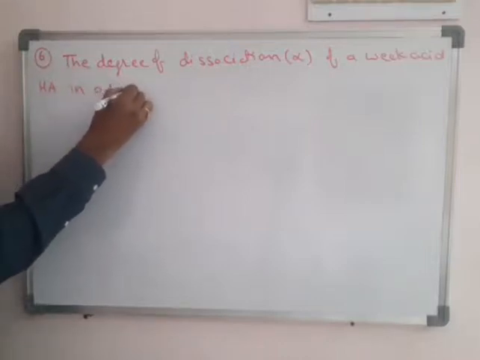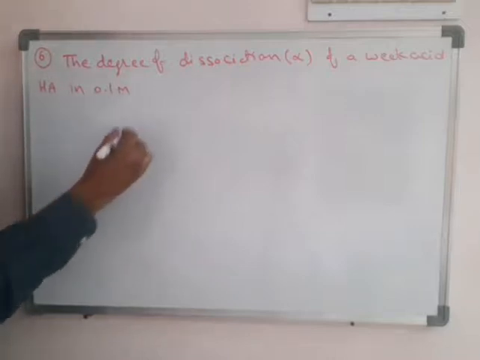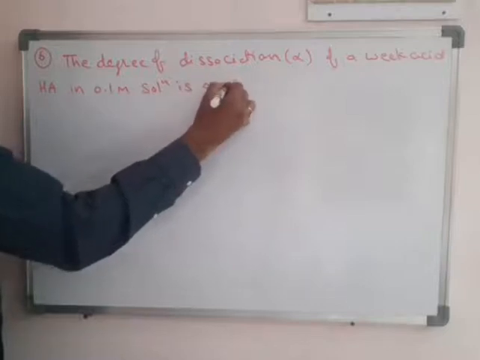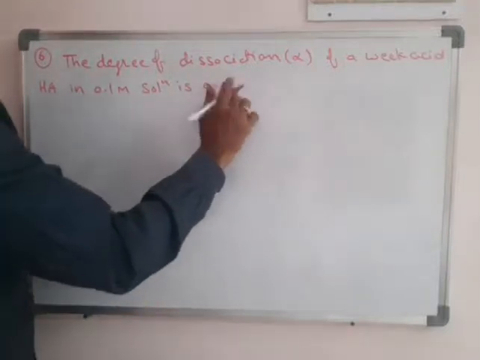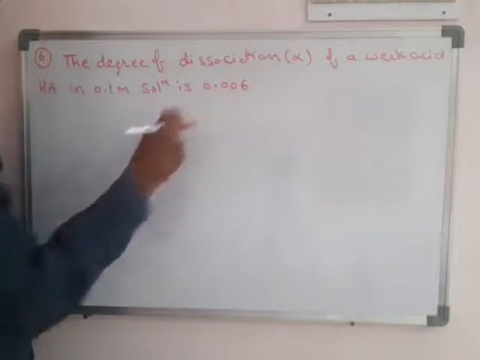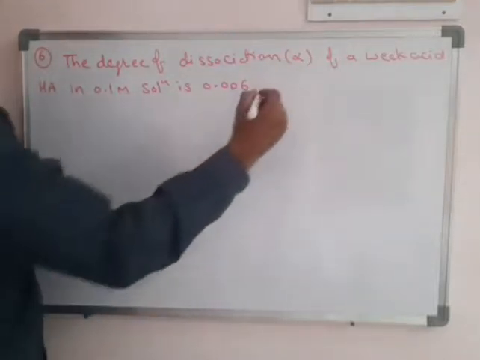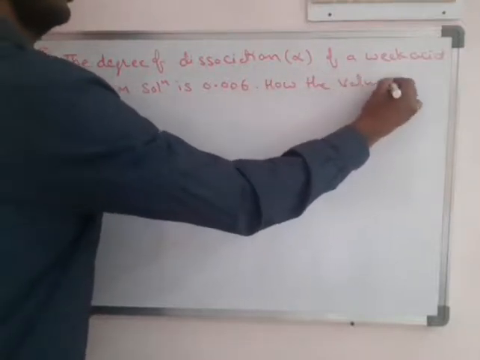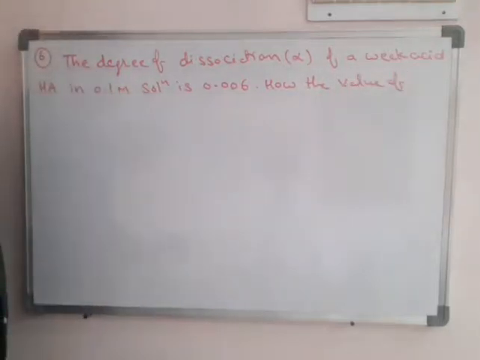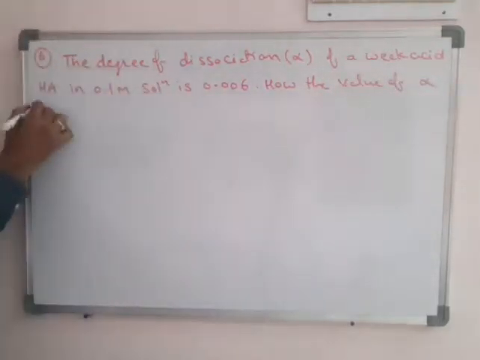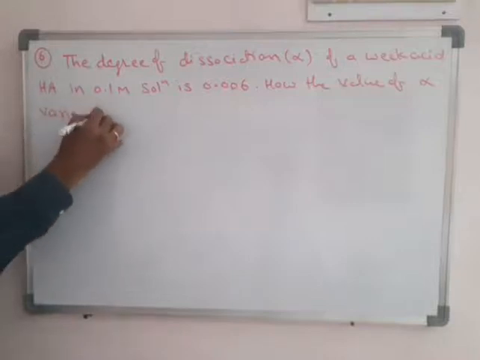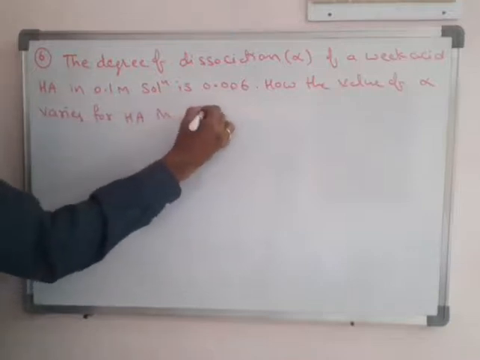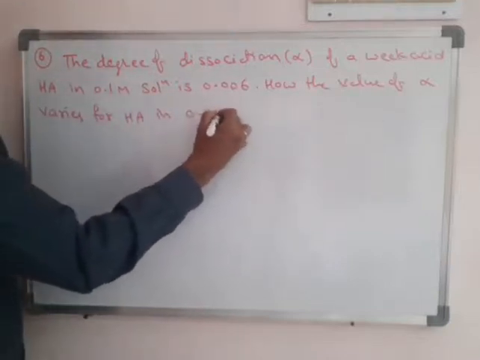In 0.1 M solution, alpha is 0.006, not 0.06, it is 0.006. Alpha is given, concentration is also given. The question is how the value of alpha varies for HA in 0.05 M solution.